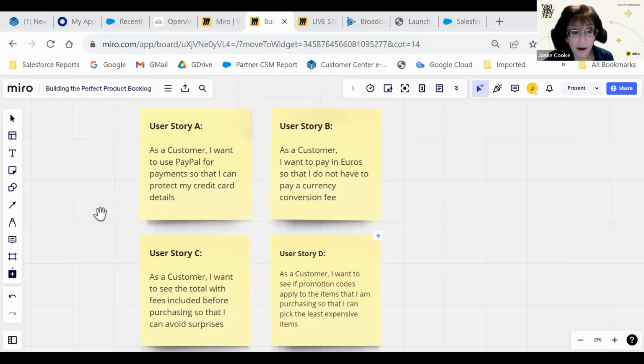If you don't support PayPal, you're going to lose an entire chunk of your customer base. Other organizations, international currency is critical. If you don't support euros, you're going to lose your European base. And for some organizations, neither of those things matters, right? So everything is contingent upon the decision-making of the product owner and the context of the information they've gathered and the needs of your organization.